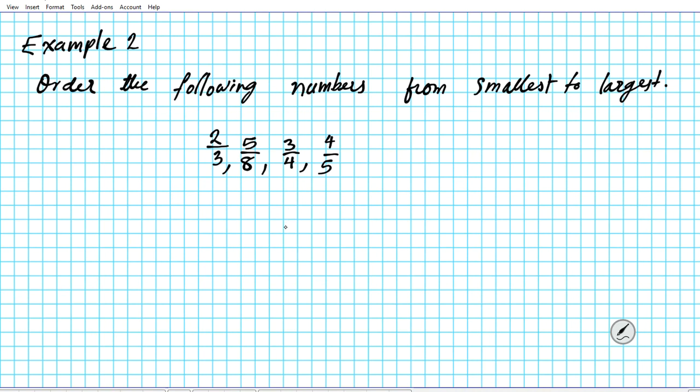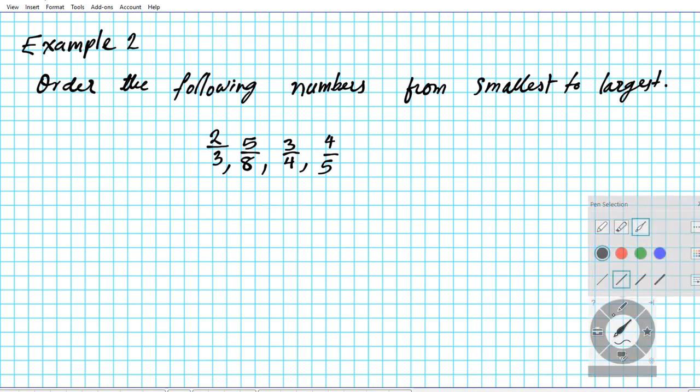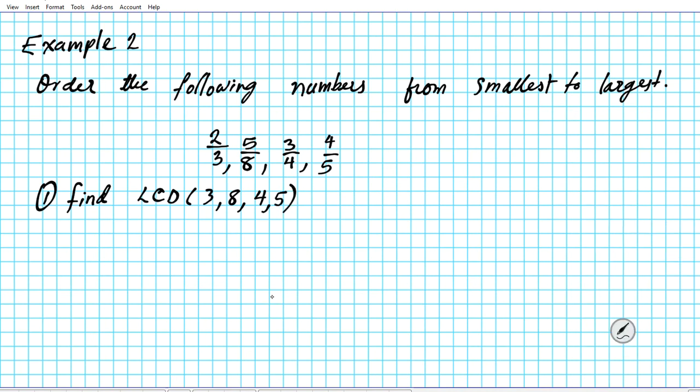Okay. All right. So step 1 is we want to find the LCD of the denominators, the lowest common denominator. So for 1, we want to find the LCD of 3, 8, 4, and 5. So what is the LCD of 3, 8, 4, and 5? Let's use our LCD chart to determine the answer to this question.